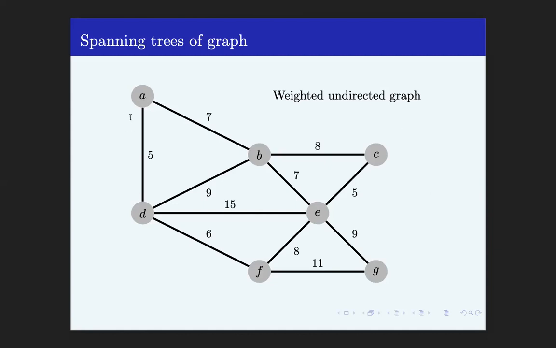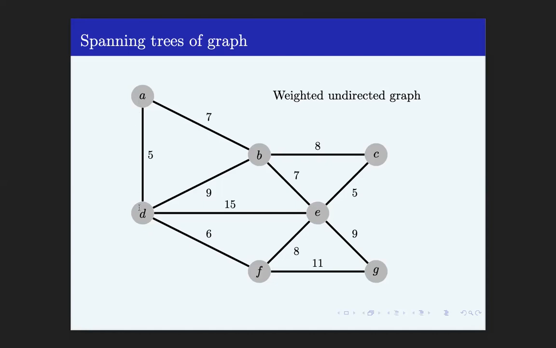AD. Why? Because this edge has the smallest weight among all the weights present. Correct. Even EC is also possible. Yes, since it has the smallest edge weight.